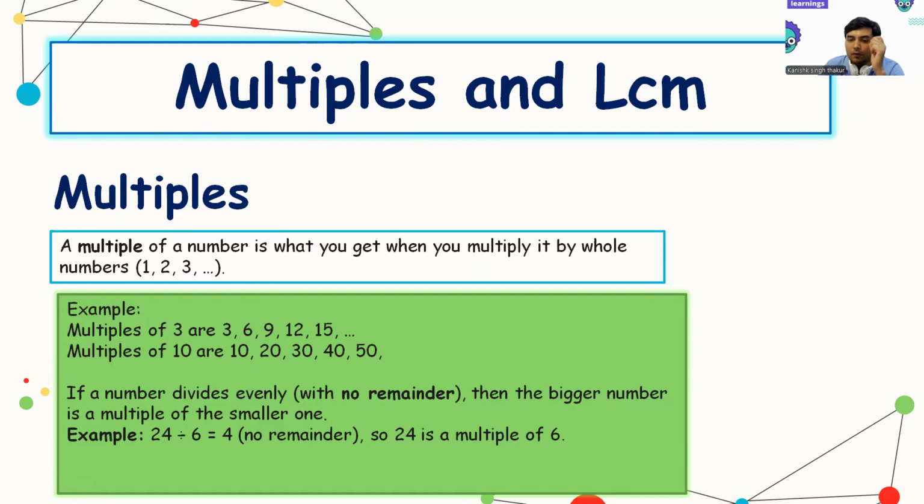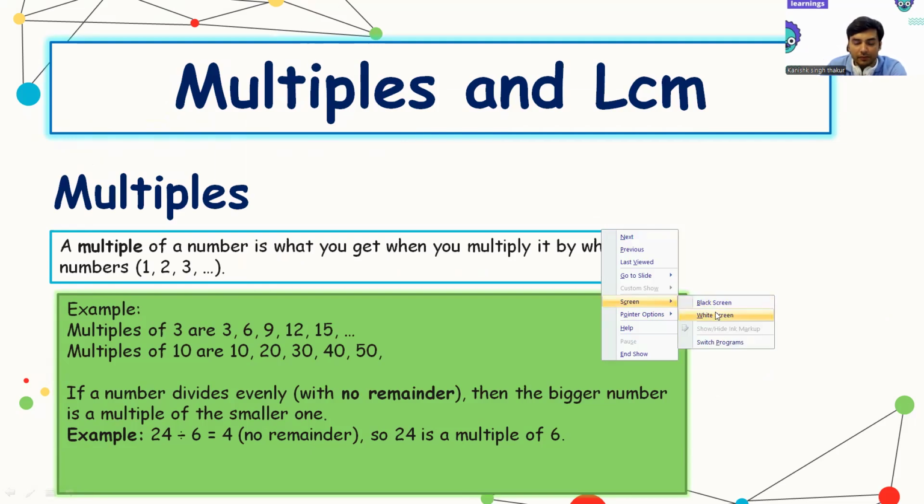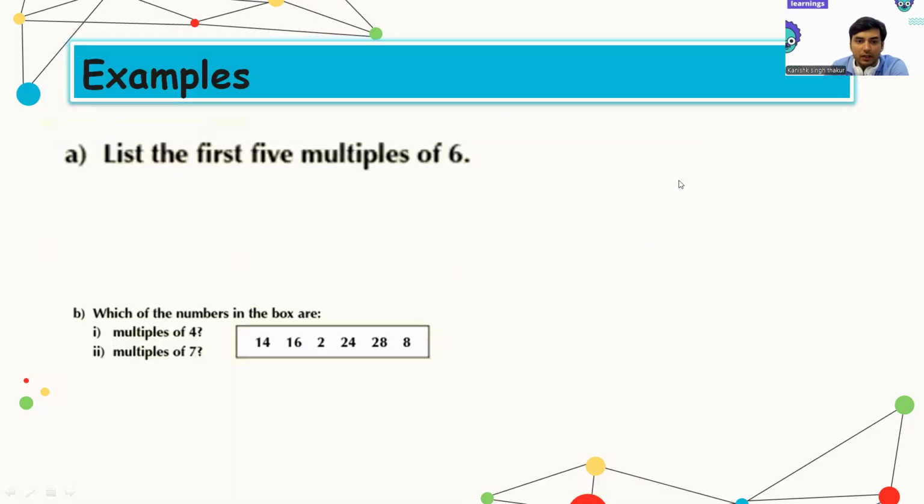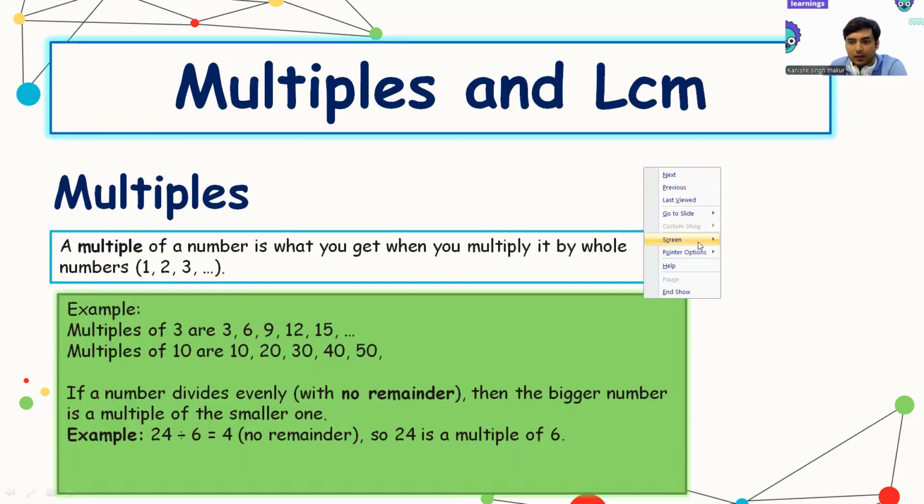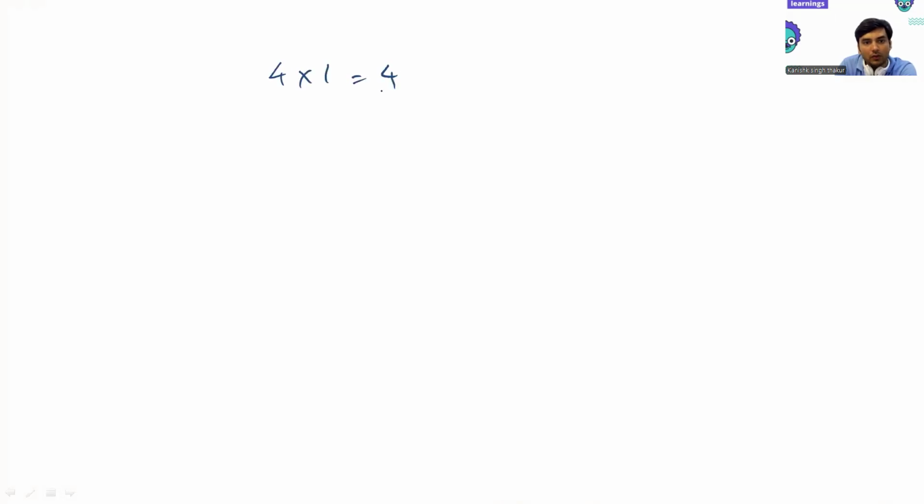A multiple of a number is what you get when you multiply it by a whole number. It's nothing but what is called a times table. You must have heard of it, right? From your childhood we used to write times tables like this: 4 times 1 was 4, 4 times 2 was 8, 4 times 3 was 12, 4 times 4 was 16.